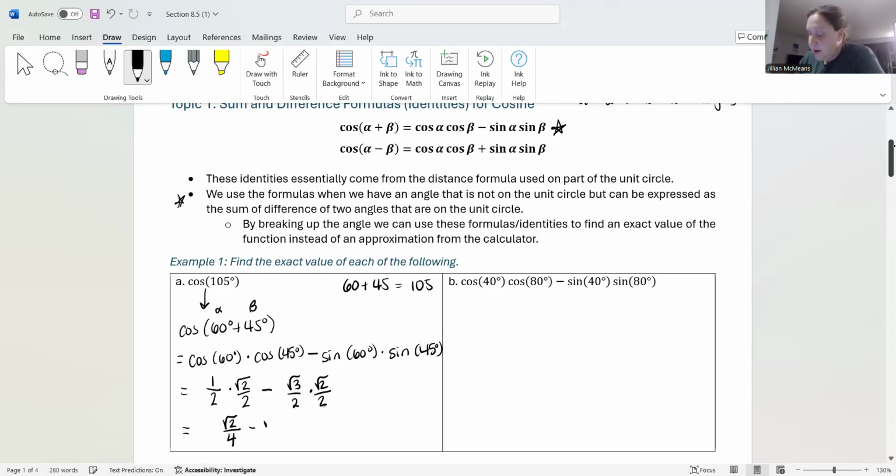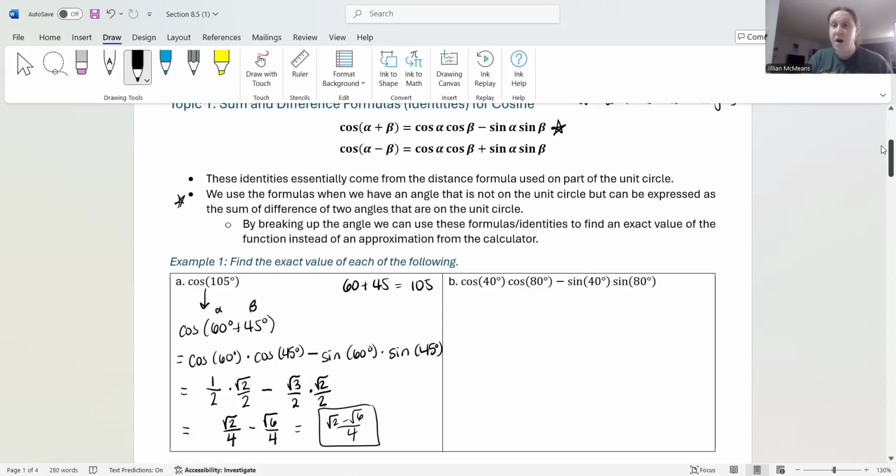So I'm going to subtract the square root of 6, and then I'm also going to multiply the 2 times 2. So I'm going to be subtracting root 6 over 4. And we could write that as just root 2 minus root 6 over 4. And that is our exact value. It's not pretty, but it is exact, okay? So when we talk exact values, you're typically going to be thinking some radicals are going to be here.